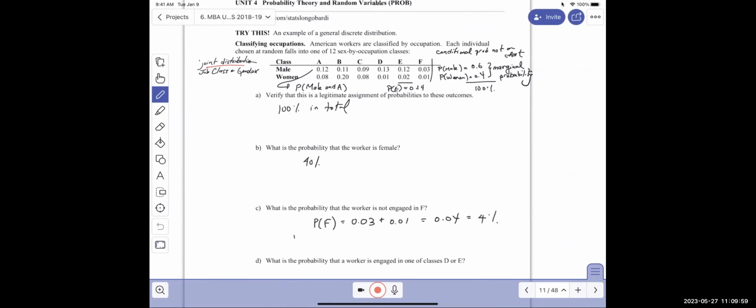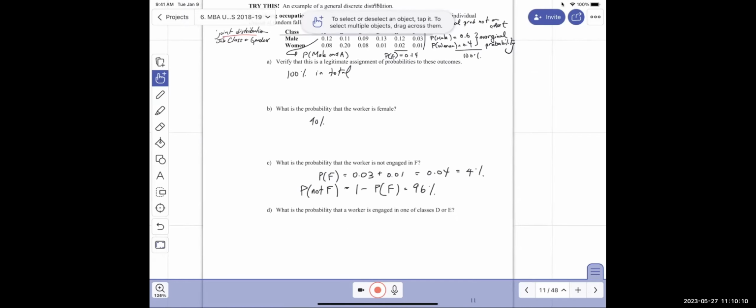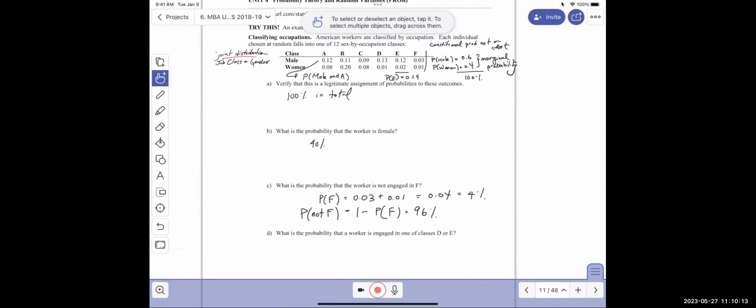But not F is 1 minus P(F), which is 96%. And then to be engaged in D or E, the probability of D or E, how will we figure that out? Are D and E disjoint?